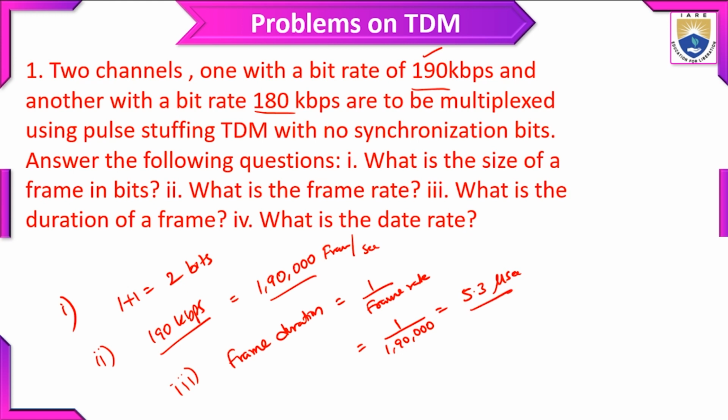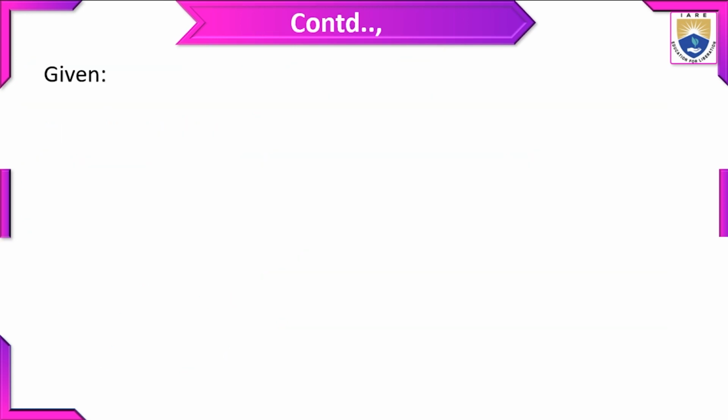Now, what is the data rate? In the previous parts they asked the size of the frame, the frame rate and the duration of a frame, but here they ask for the data rate. The frame rate is 1,90,000 multiplied by the number of bits we are sending, 2 bits.